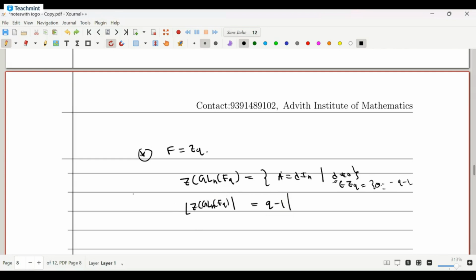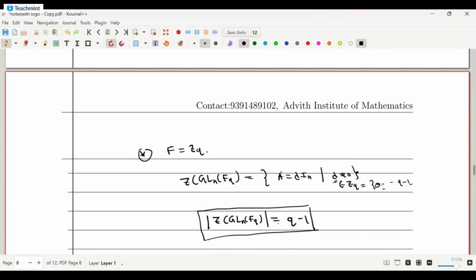Irrespective of n, the order of the matrix can be anything, but the cardinality should be Q minus 1, which depends on the field, sir. Remember this, it is important.